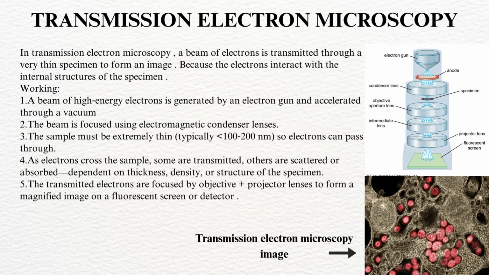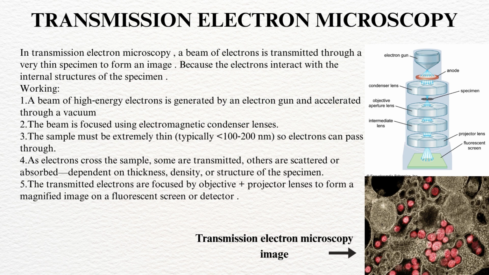The beam is focused using electromagnetic condenser lenses. In transmission electron microscopy, the sample must be extremely thin, typically 100 to 200 nanometers, so that electrons can pass through. As electrons cross the sample, some are transmitted, but some other electrons are scattered or absorbed, depending on the thickness, density, or structure of the specimen.